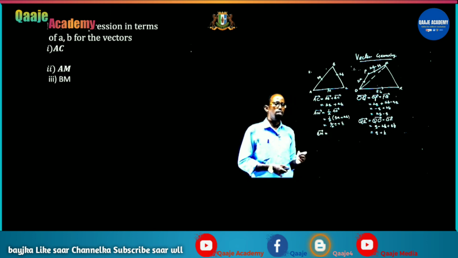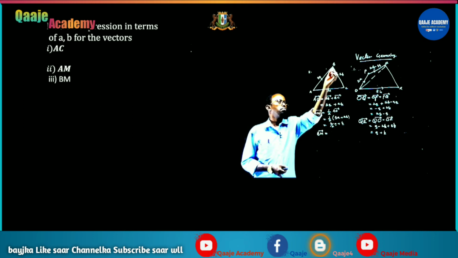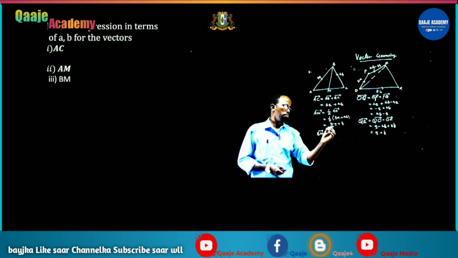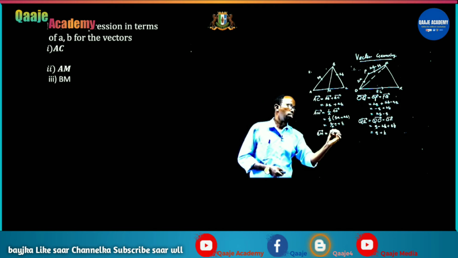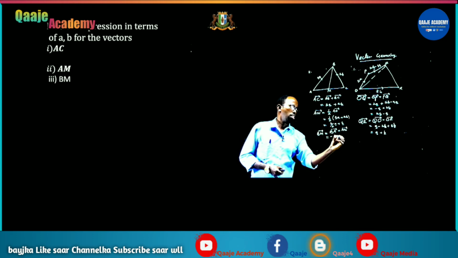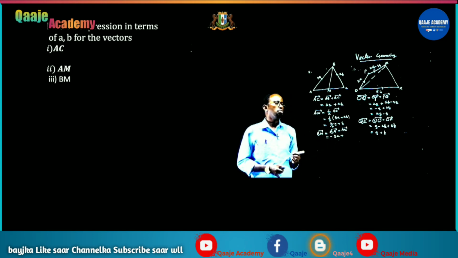BM. B to M. BM is BA plus AM. So BA is negative 3A plus AM.